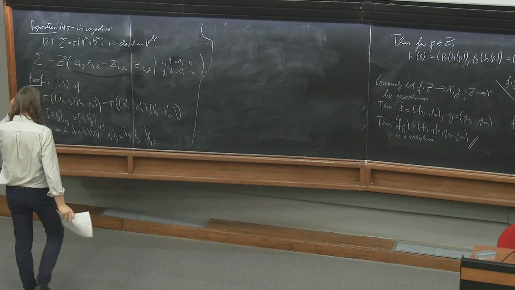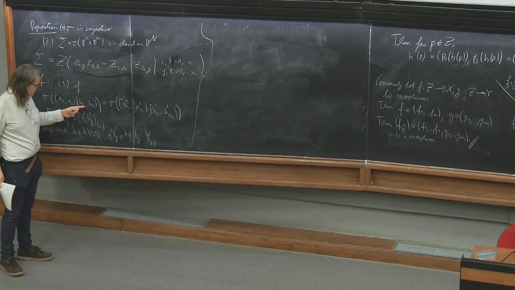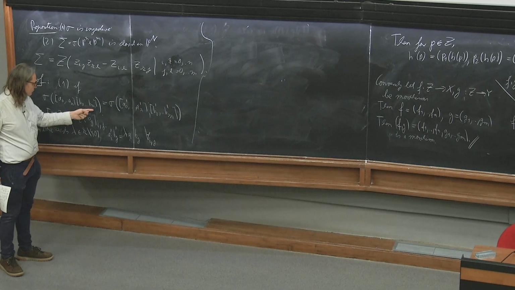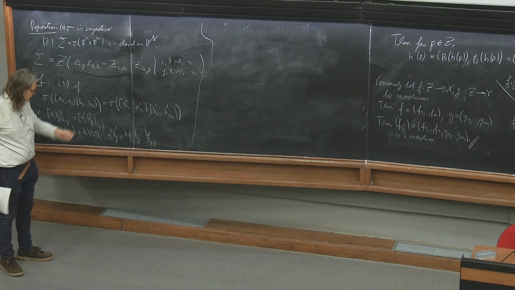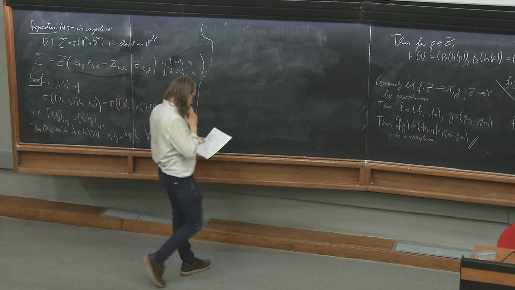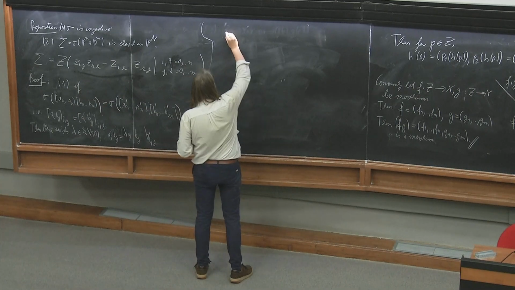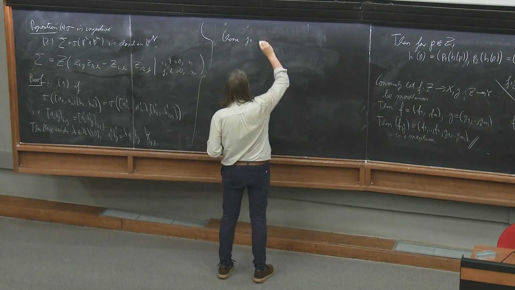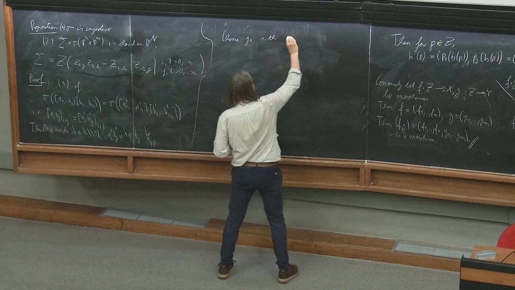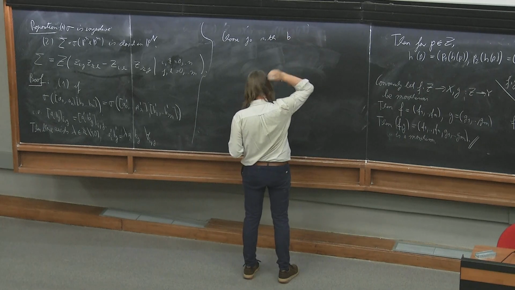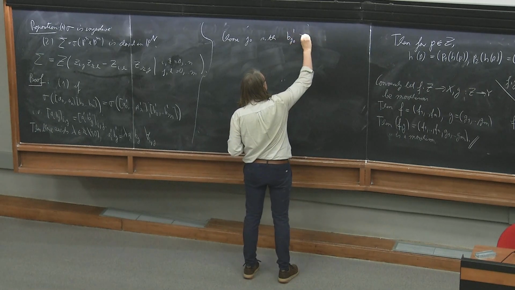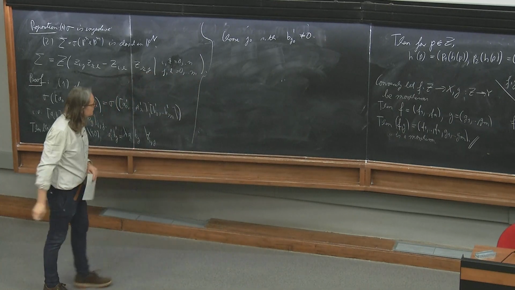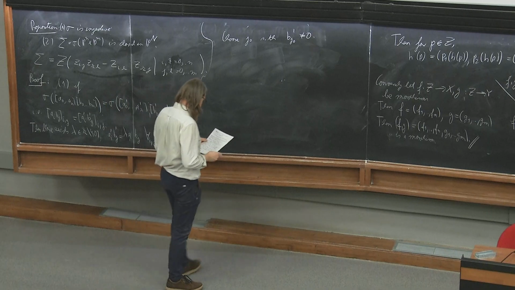Well, B_0 to B_m is a point in projective space, so one of the coordinates will be non-zero, so we choose such a coordinate. Choose j_0 such that B_j0' is not 0. This one is not the zero vector, so one of the coordinates will be non-zero.